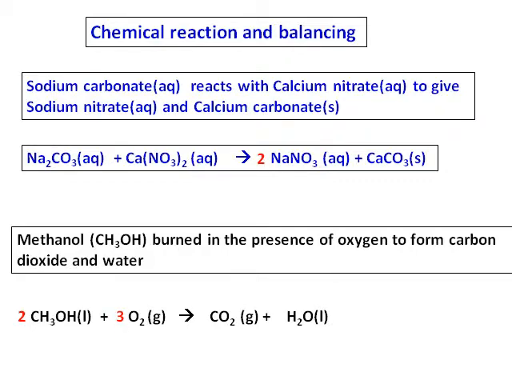Now in order to balance it, if you look carefully, if I put a 2 in front of methanol, 3 in front of oxygen, 2 in front of carbon dioxide and 4 in front of water, it is balanced. And balancing of a chemical equation, you just need practice. In general, what we do is we balance all the elements present in a reaction, and then we try to balance the hydrogen and the oxygen.